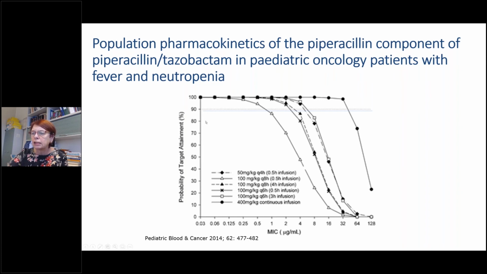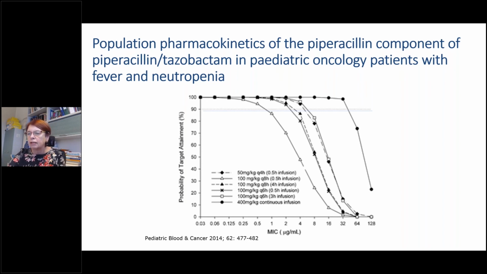And if you look at this graph, if the agent is very susceptible, with MIC values 0.25 or 0.5, and this is actually the probability of target attainment. It is agreed that you want to have this 90%, although some regulatory agencies could accept 80%.